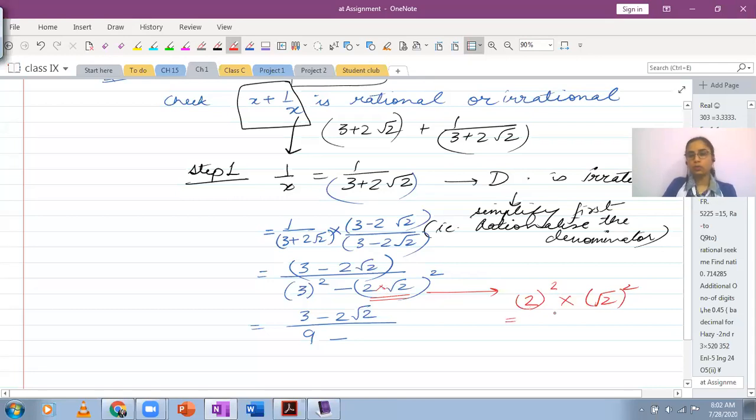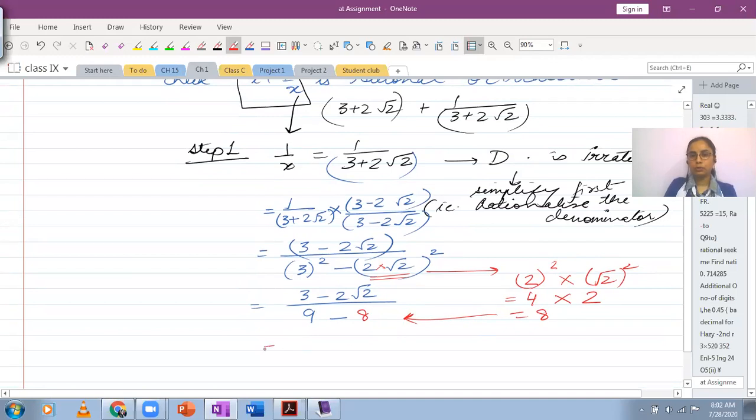I've squared each of the factors in the product here. So this will be 4 multiplied by 2, which is 8. So I'm just going to write down 8. You can show your work here while simplifying, or you can do this in the working column also. So this on simplification becomes this.